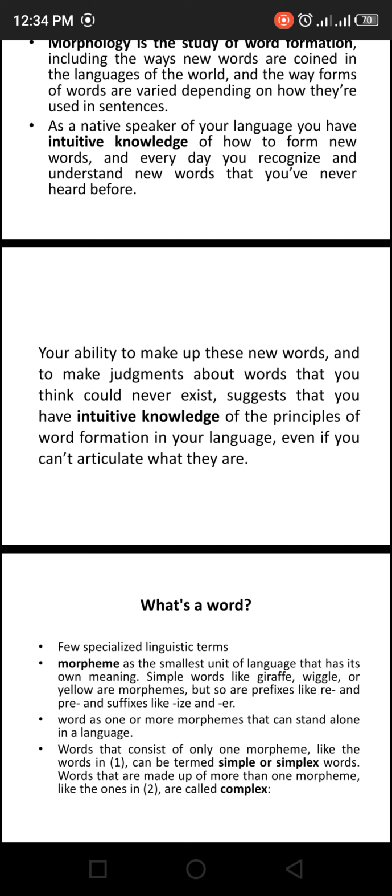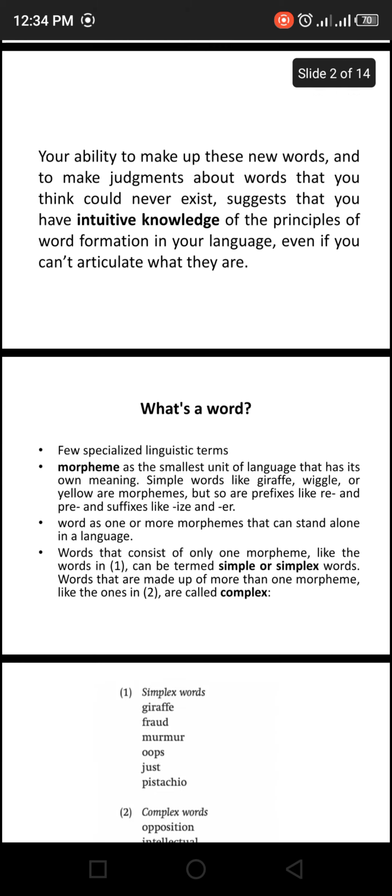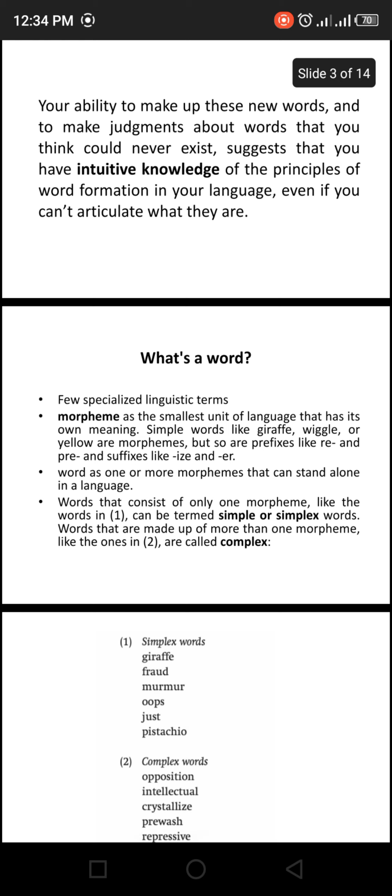For example, if someone produces some words or sentences, you can judge whether those words belong to your language, or whether that sentence is correct or incorrect in your language. That kind of knowledge that you have as a native speaker is called intuitive knowledge of your language. And you have the ability to make new sentences, and the ability of making judgments on those words and those sentences, right?